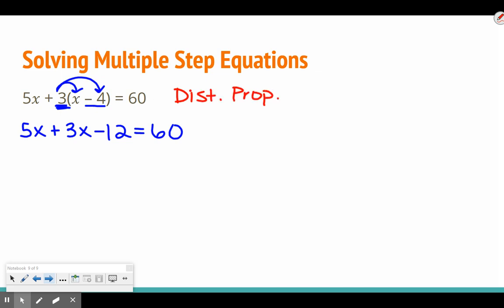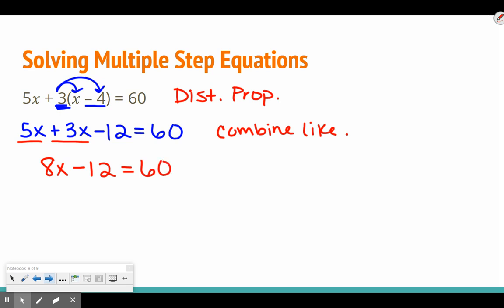Now I'm going to combine like terms. Here I have the 5x and the 3x, so I'm going to combine that to 8x, because 5 plus 3 is 8. I still have my -12 because that can't be combined with anything, and the 60 can't be combined with anything either. All my variables, my x, are on the same side. There's nothing over on the right-hand side of the equal sign.